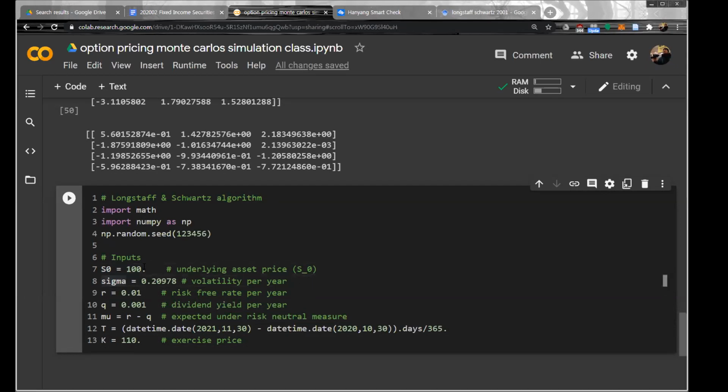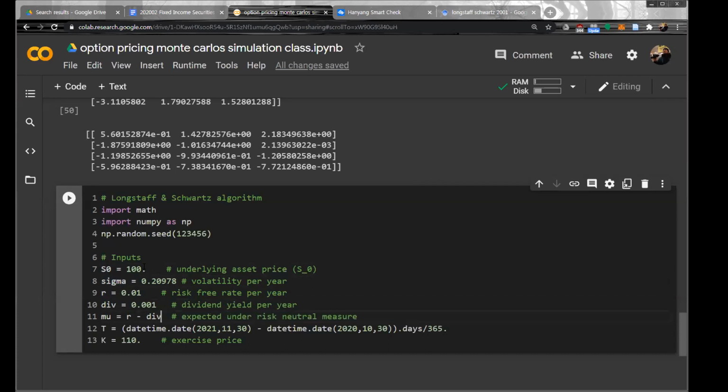So risk-free rate, mu, sigma, and dividend. This is the dividend, right? Let's change the name, dividend. T, let's make it simple, just 1 year. K, we have everything.